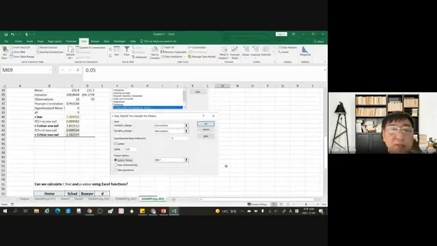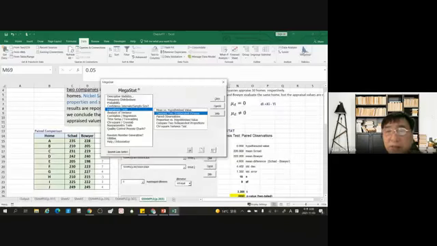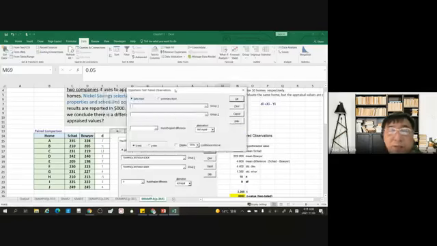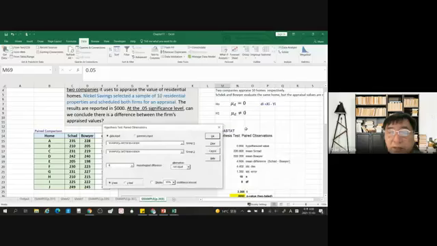That's one way. Another way is you can use MegaStat. In MegaStat, when you click it, it's the paired comparison here. Data, yes. Data input first, second. The hypothesis is no difference, so it's equal or unequal, 1 tail or 2 tail. It depends: equal is equal to 0, and unequal is unequal to 0.